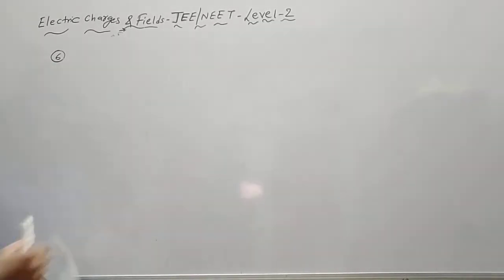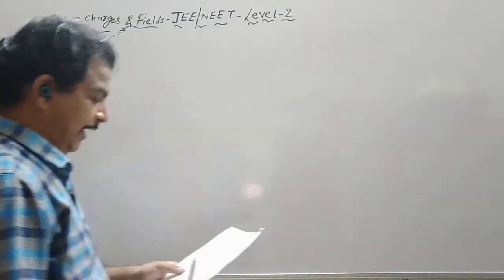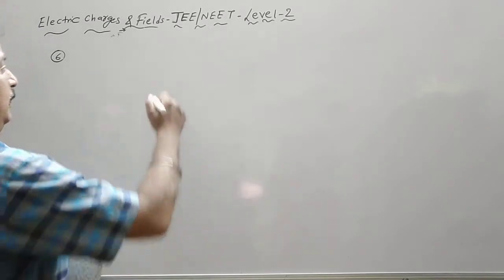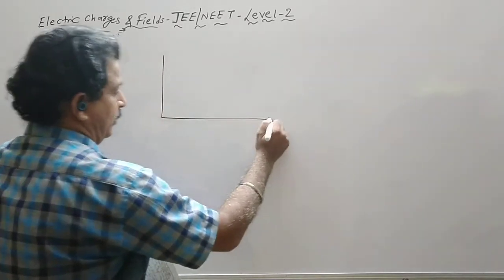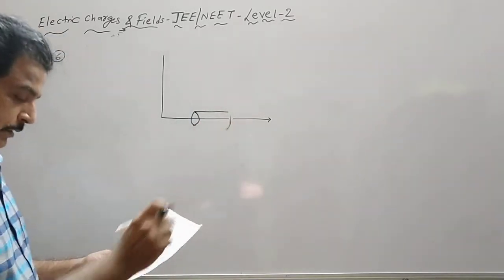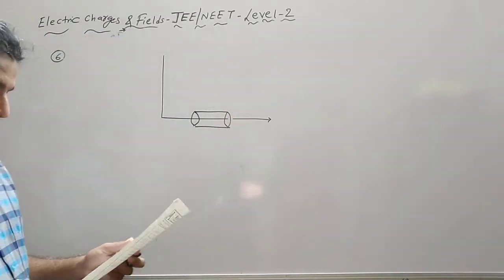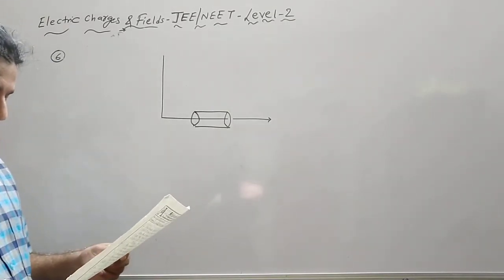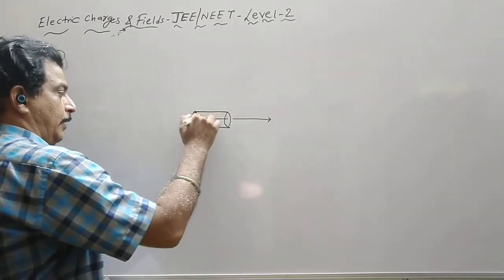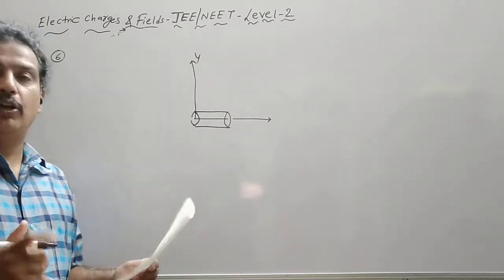Now MCQ number 6. It is almost like our MCQ number 2. A very long uniformly charged thin rod is oriented along the x-axis. So we have a thin rod oriented along the x-axis with its one end at the origin, and it extends along the x-axis.